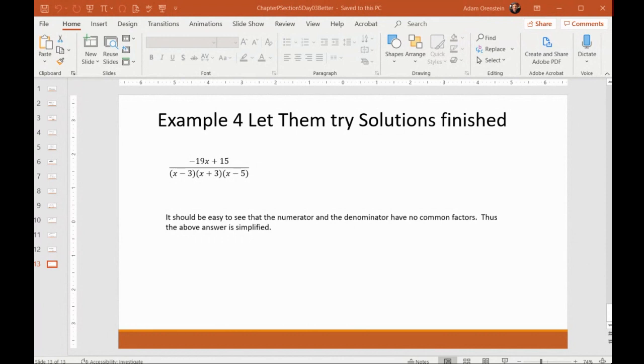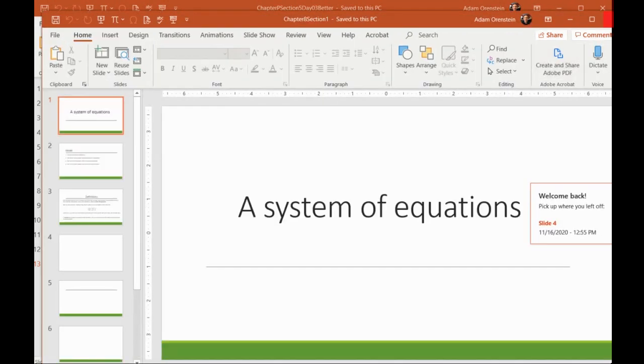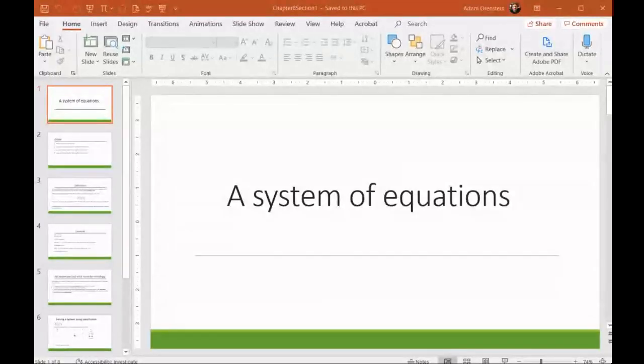Okay, so let me start chapter 8. Let me just share it for everyone. Here we go. Chapter 8, what we're going to look at is a system of equations.